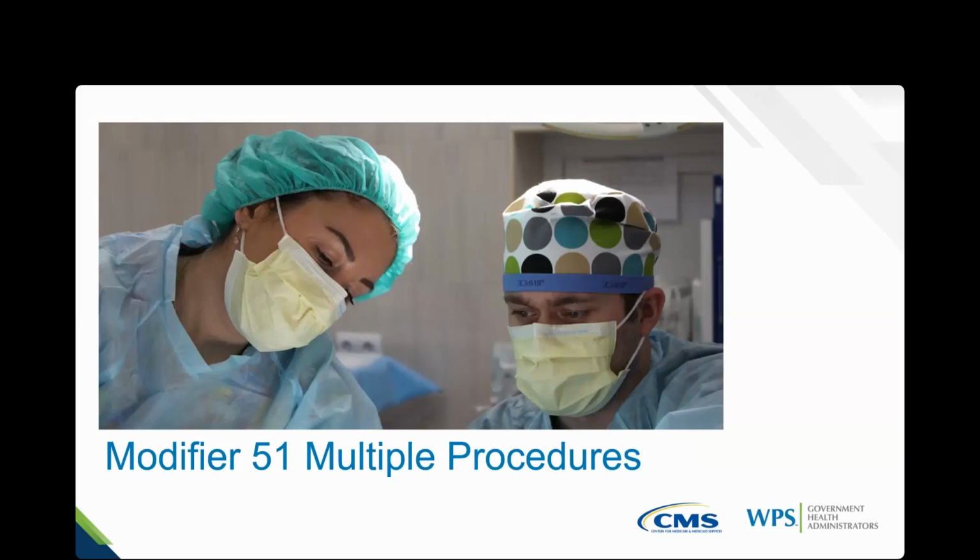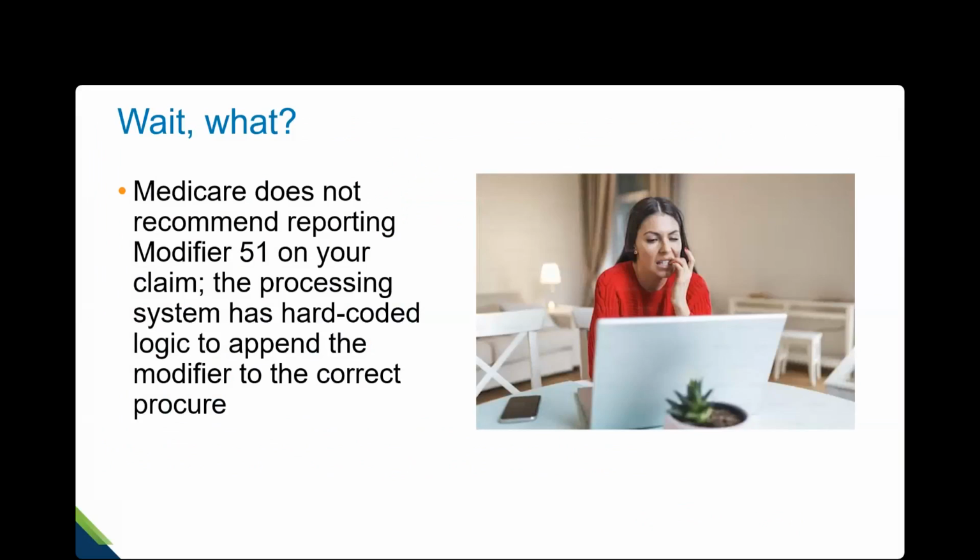So moving on to the next slide in your presentation packet, it's titled Modifier 51, and the definition of Modifier 51 is multiple procedures. The next slide then talks a little bit about the use of Modifier 51.